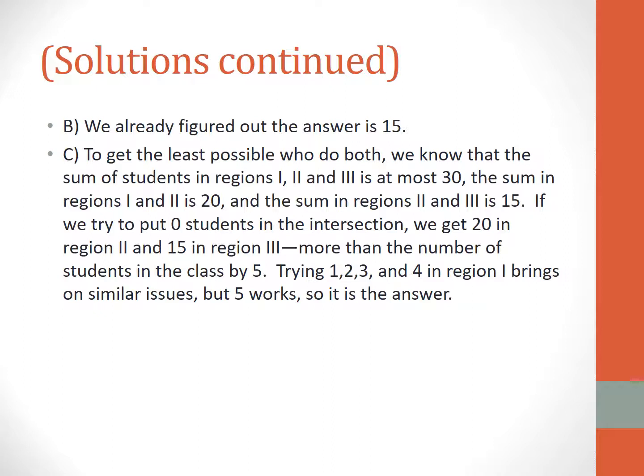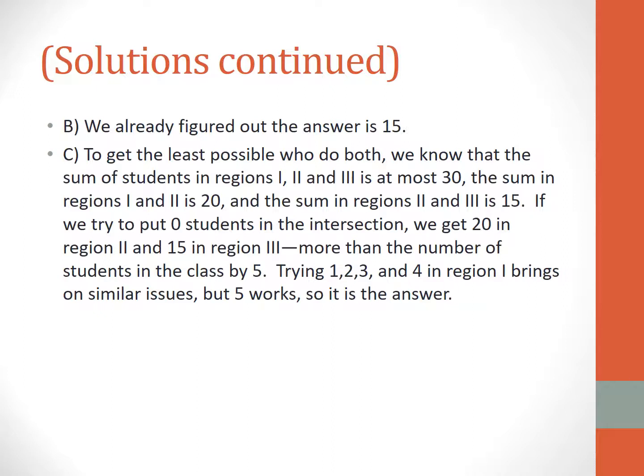The sum of the regions 1 and 2 is 20. The sum in regions 2 and 3 is 15. If we try to put nobody in the intersection, we would get 20 in region 2 and 15 in region 3. And there are only 30 students in the class, so we can't have 35 people. So we overdid it by 5.